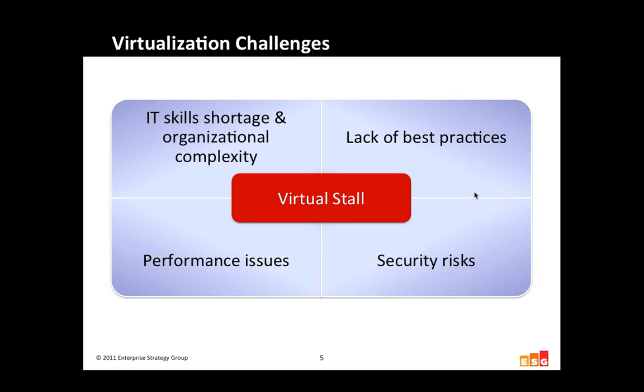What research tells us is that these are the 4 core areas that are causing stall where stall exists. The one that hits you in the face really early on is that there's a distinct lack of skills when it comes to virtualization between functional IT organizations and groups.